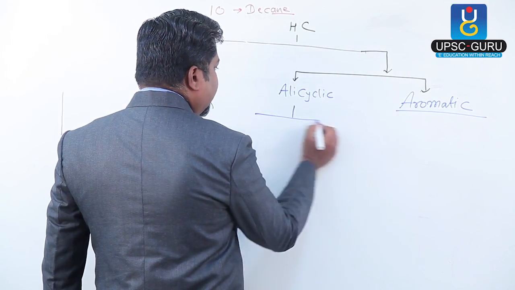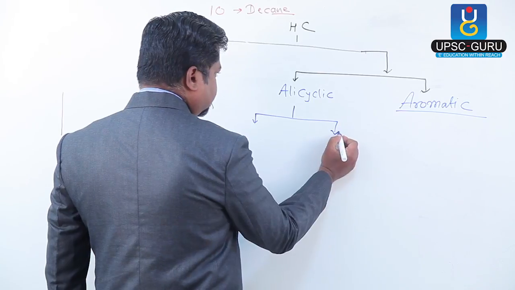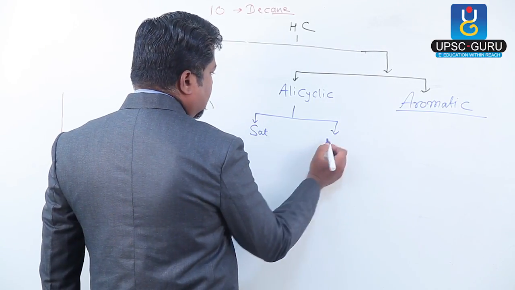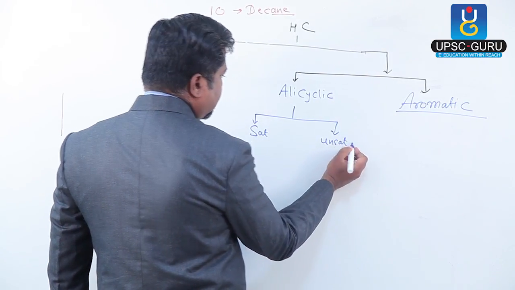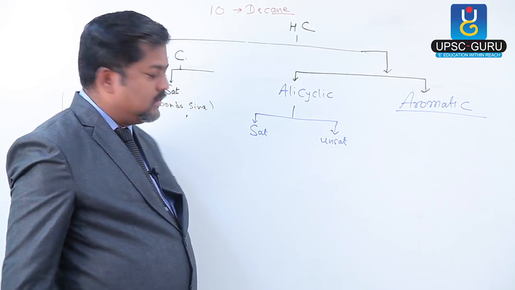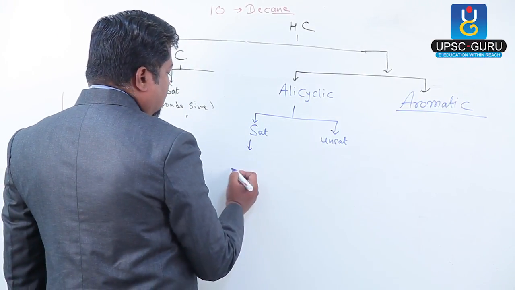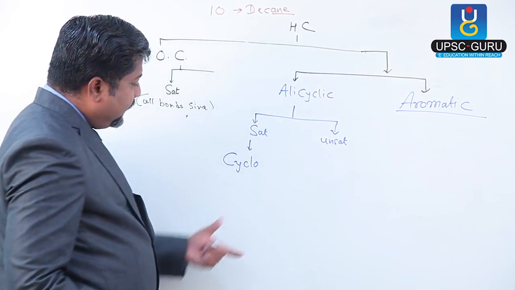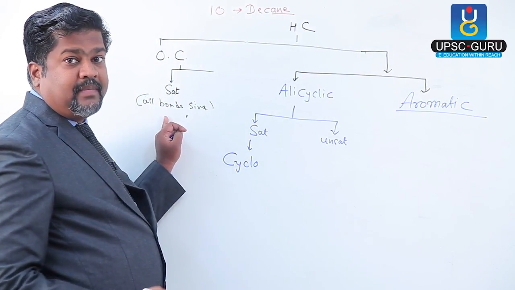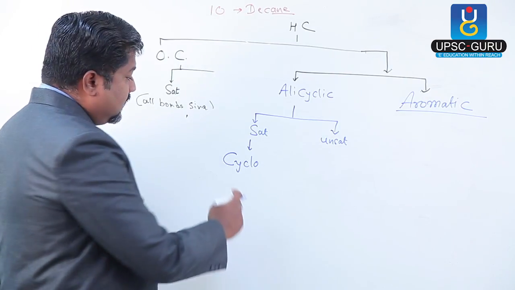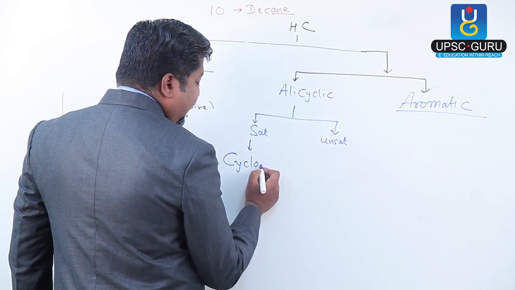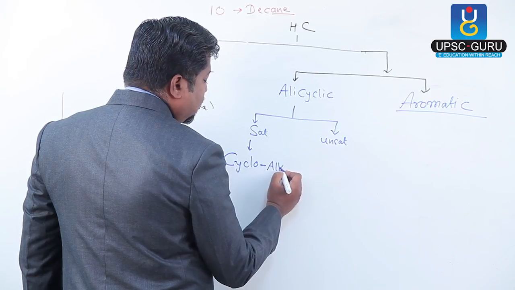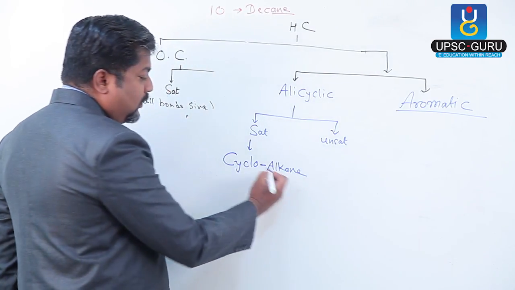They are again divided in the same way into saturated and unsaturated. For saturated, we have to add a prefix. The saturated compound in open chain was alkane. Now here we have to add the prefix, so it is called cycloalkane. The A should be small.